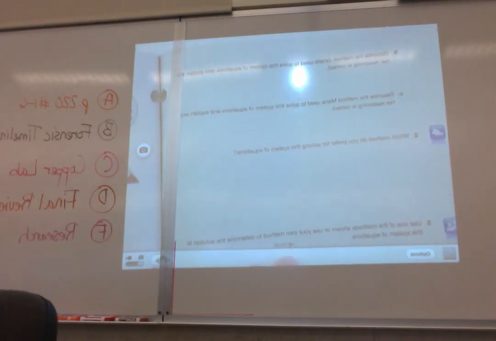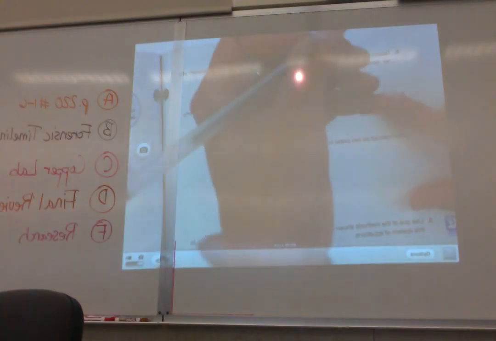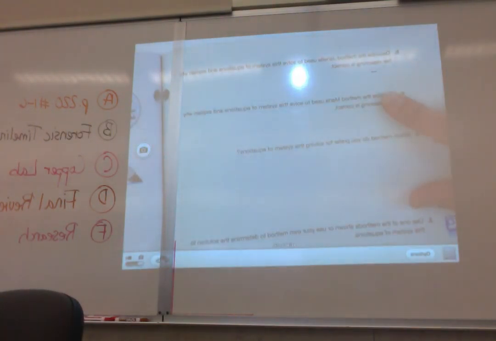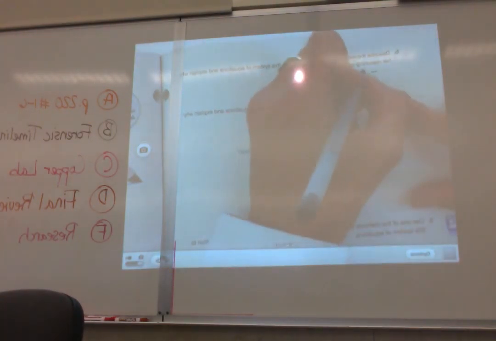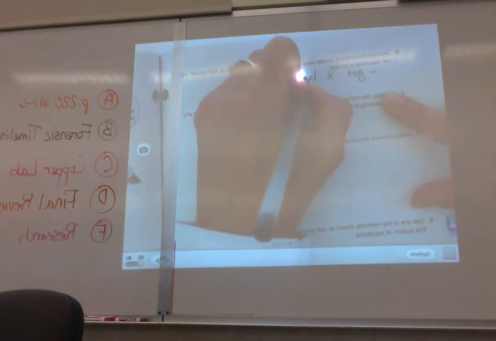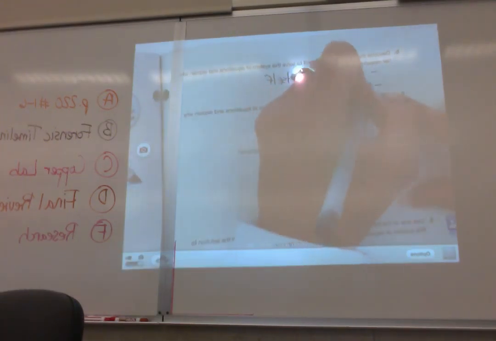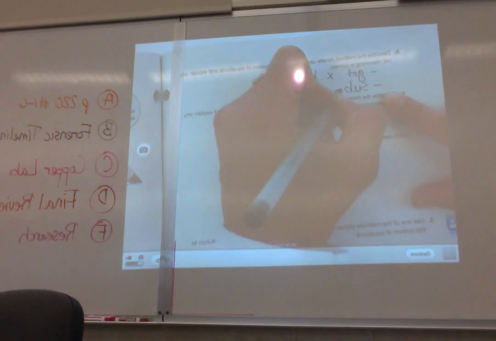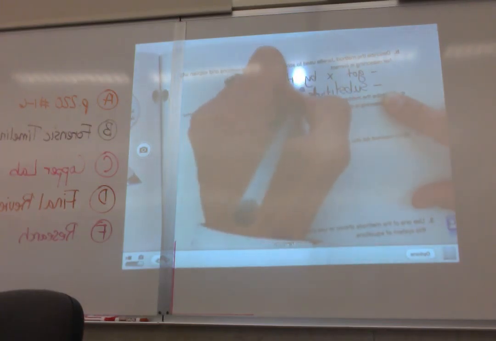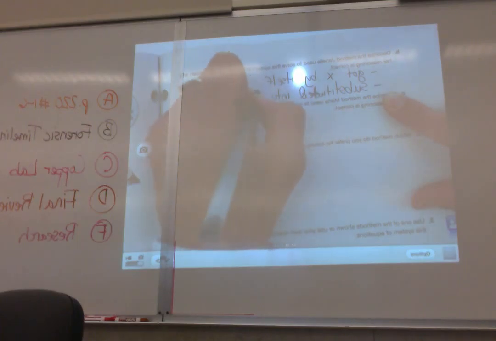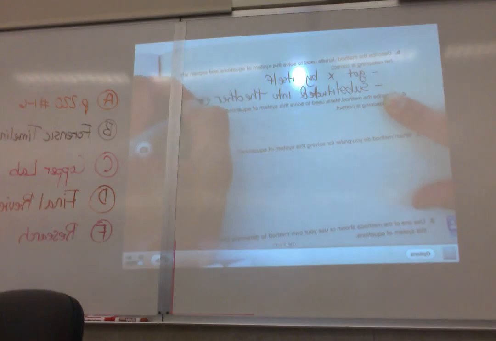B, we're looking at Janelle. What did she get by itself? She did something similar. Got x by itself, substituted into the other expression.